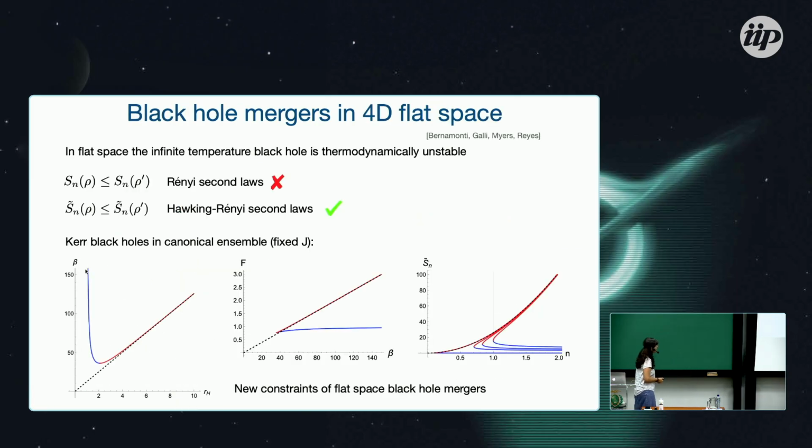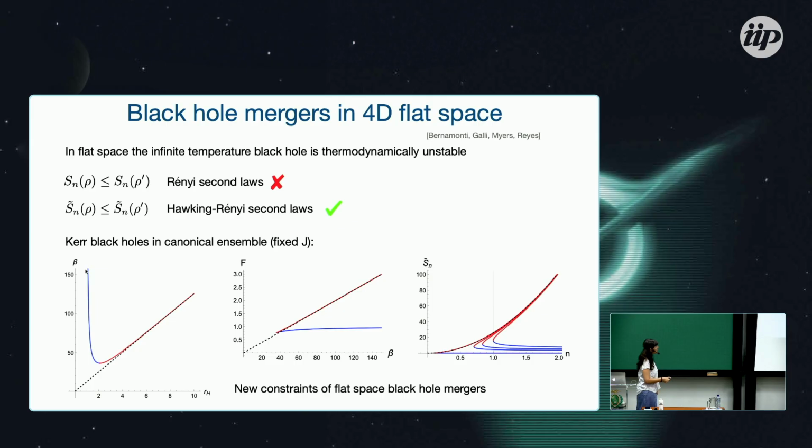And so, as I said, we cannot apply the Renyi second laws to flat space black holes, but we can apply this set of inequalities to flat space black holes, and this is what we have been doing, and I hope to be able to report on these results soon. So these are just some plots to give you an idea.